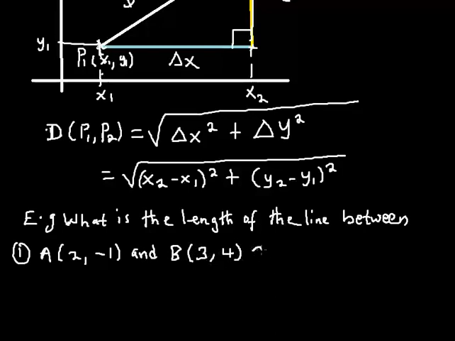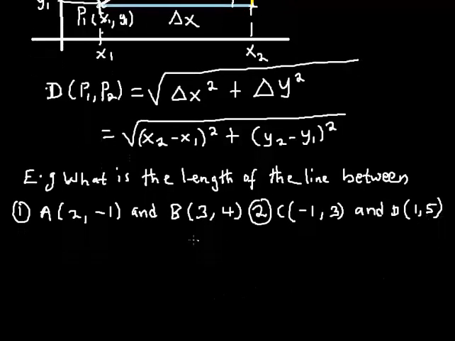Number 2, (-1, 3). Let me call that point C, right? Let me call that point C. And point D is (1, 5).